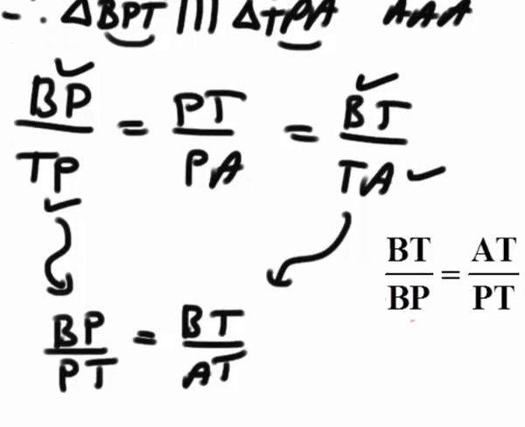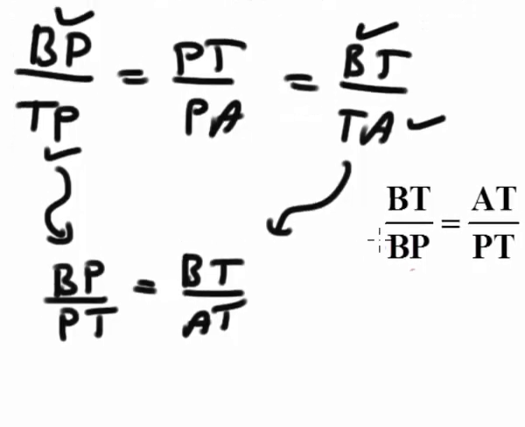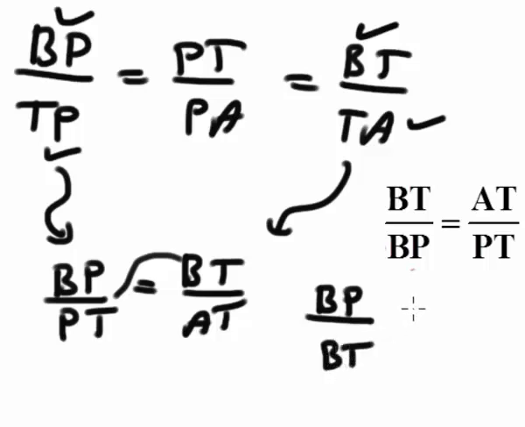Now, how do we get to the required result? Well, let's see. We've got a BP at the bottom, and this is a very awkward one. What we could do is swap these two first. So we've got BP over BT is PT over AT.